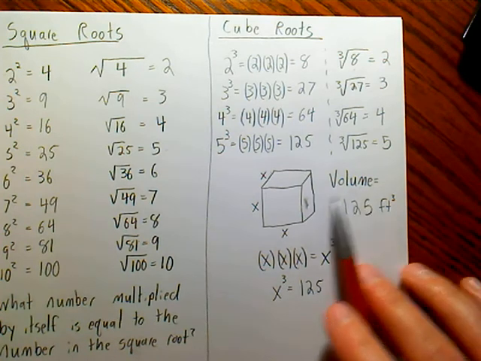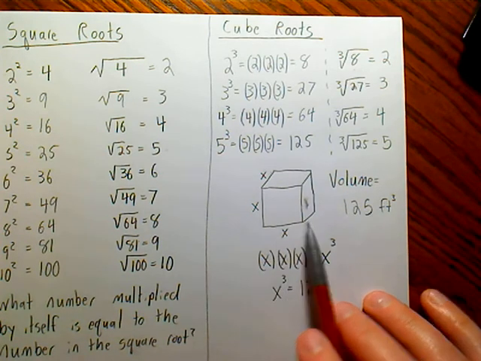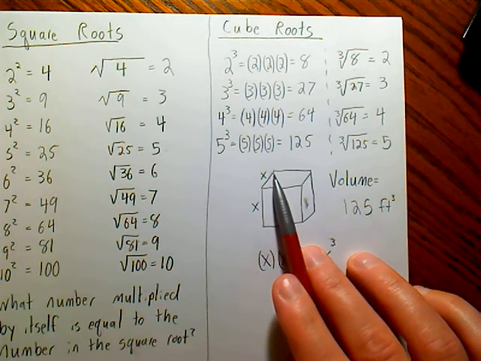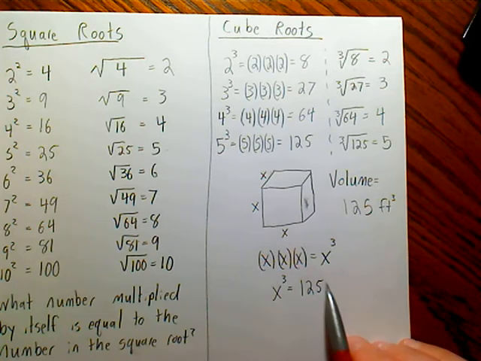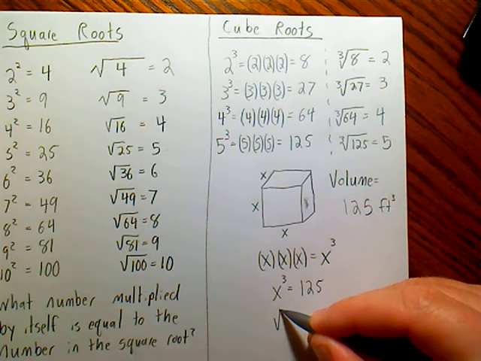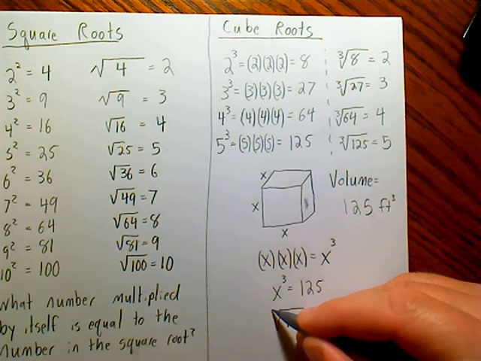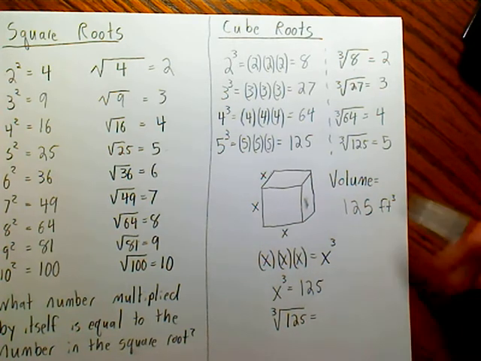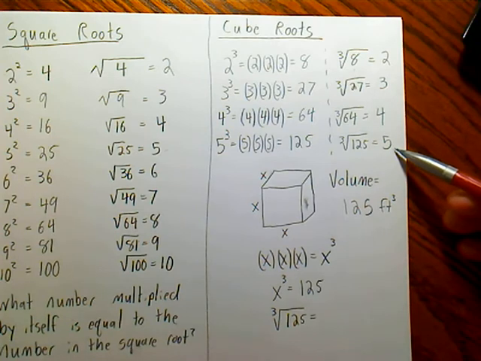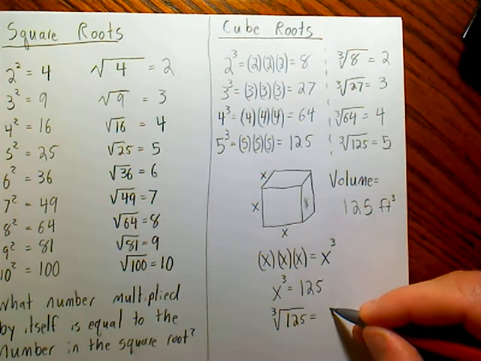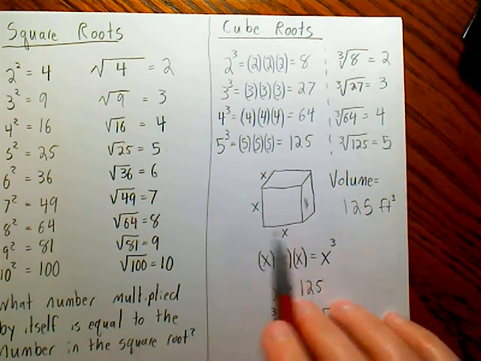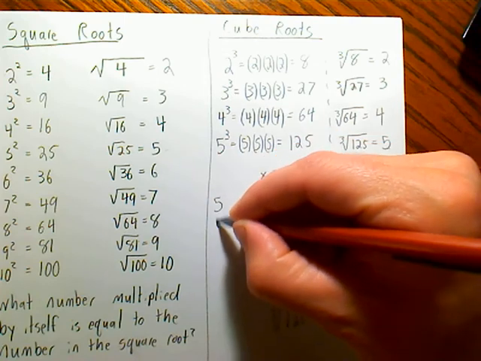Because again, to find the volume of a cube, we just multiply the base times the height times the depth. And all these are the same, so I can use that same number. So I'm asking myself here, what number times itself 3 times is equal to 125? Another way we can write that is the cube root. And we know from up here, our cheat sheet, 5 times itself 3 times is equal to 125. So my answer is going to be 5. So each one of these lengths are 5 feet.